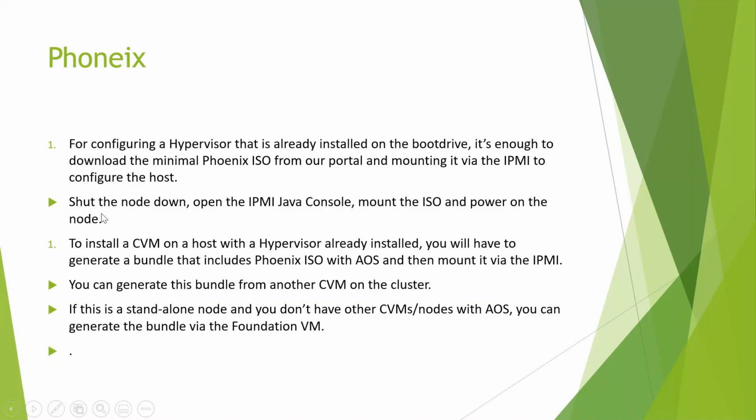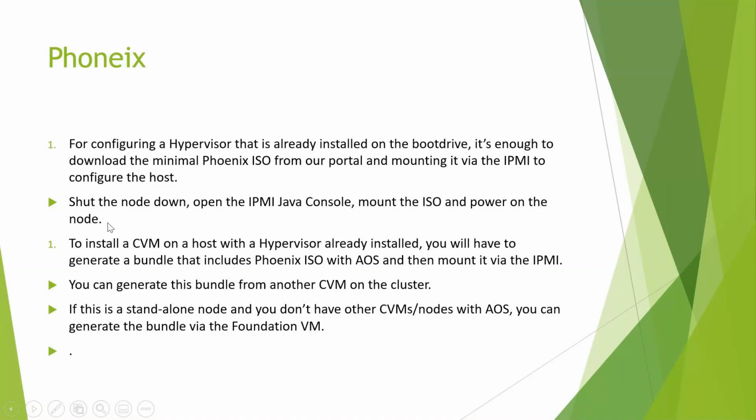Shut down the node, open the IPMI Java console, mount the ISO, and power on the node. To install a CVM on a host where you already have a hypervisor installed, you will have to generate a bundle that includes the Phoenix ISO with AOS and then mount it via the IPMI. See this example: you have already installed the hypervisor, but the CVM is not installed.